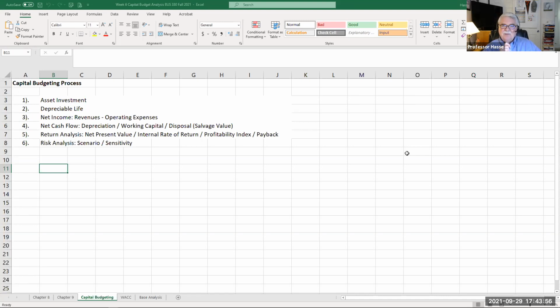The first thing we have to do before we do anything else is take an analysis of what our money costs are in our company. What does it cost us to get money? I'm sure if I went to Marissa and said, hey, Marissa, what does it cost you to borrow money? Marissa would probably say, Mr. Hassey, that's none of your business, and rightly so. But then she would say, Mr. Hassey, if I wanted to get a car loan today, because I just got one, my cost was 3%.